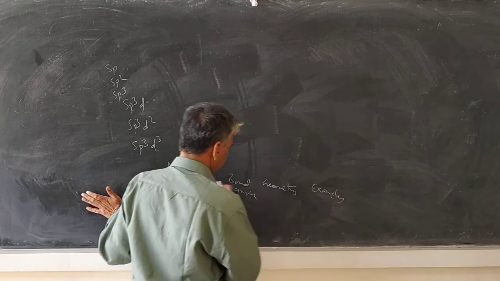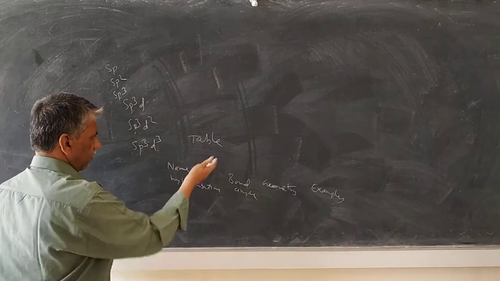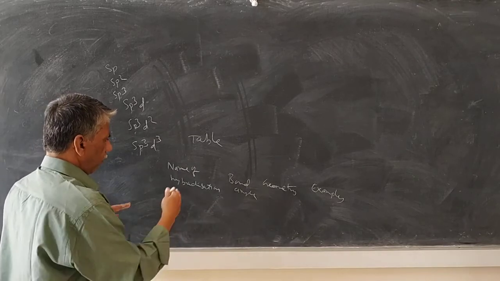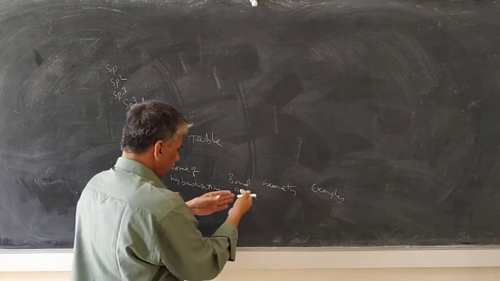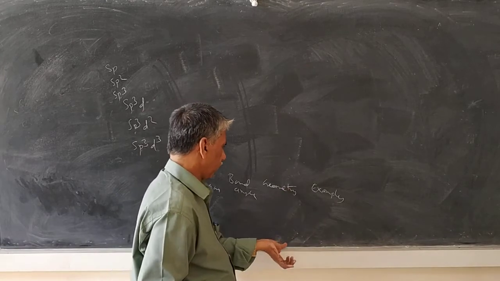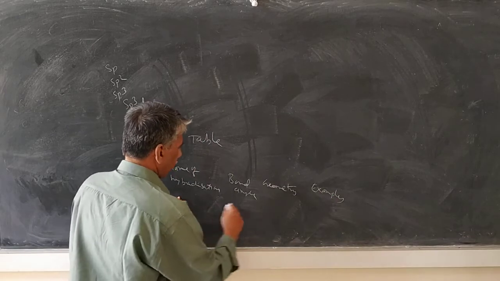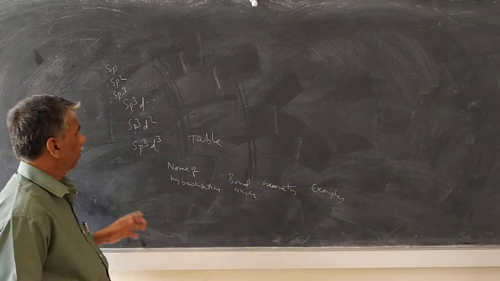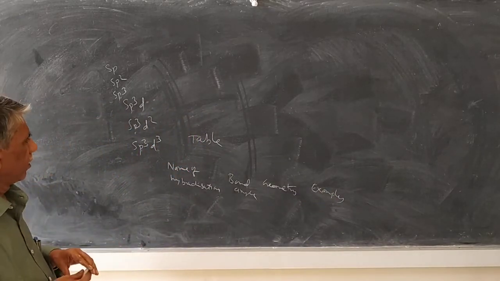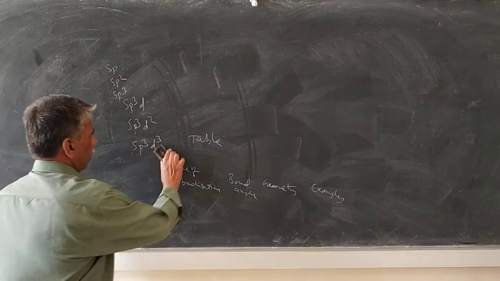So you can put a table here, and in this table mention all the types of hybridization, the bond angles, the geometry or shape of the molecules, and write some examples for each type of hybridization. So this is a brief about hybridization, and let me repeat that.